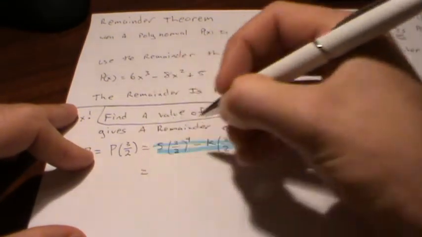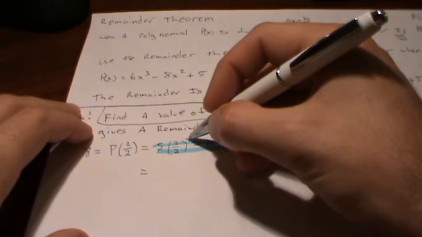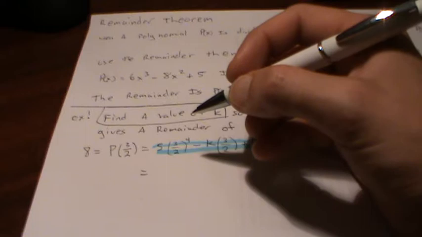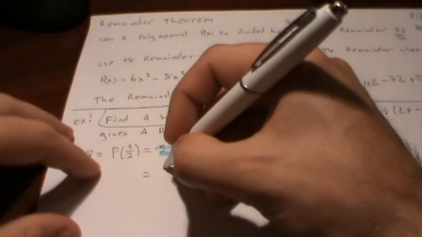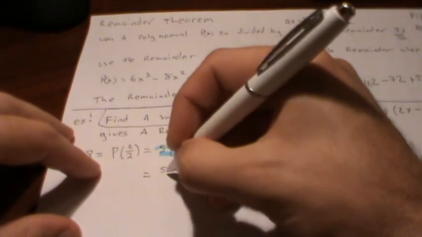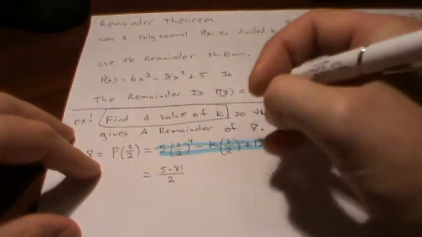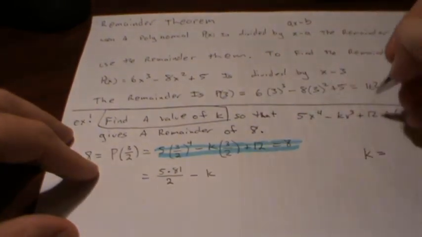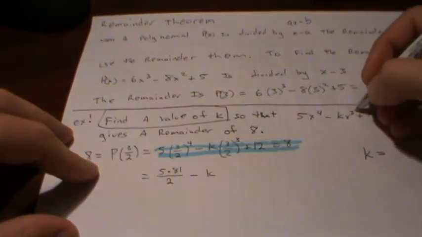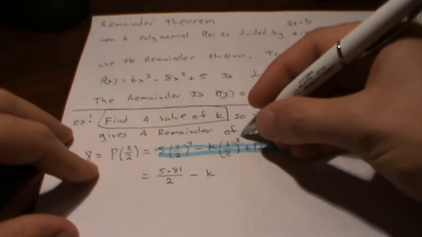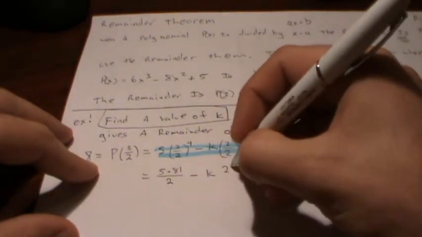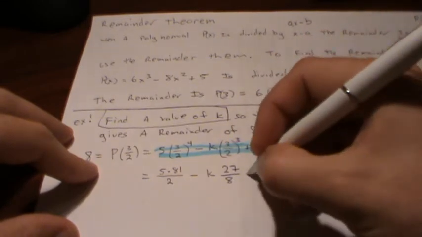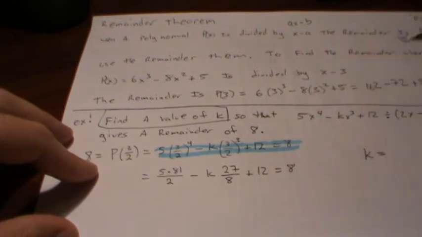And the algebra would be 5 times 3 to the 4th. 3 times 3 is 9, times 3 is 27, times 3 is 81. 5 times 81 over 2 minus k, this was a third, by the way, I didn't carry it down, times 27 over 8 plus 12 equals 8.